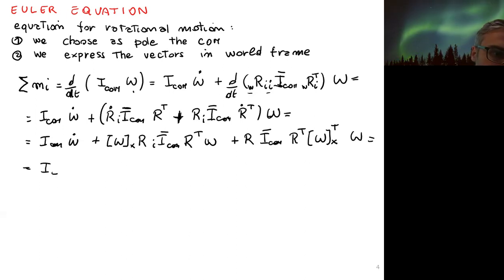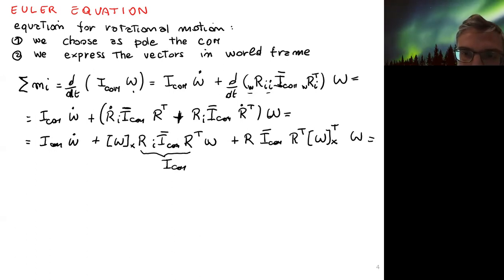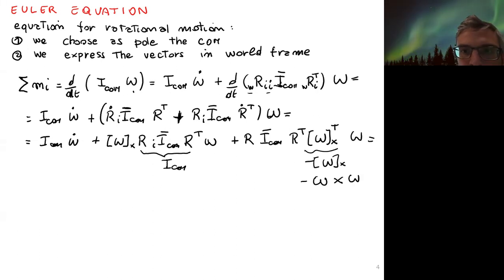And if we look at this term, we get back to the ICOM one. And this term is what? This one is minus omega cross. If we go back to the cross product, we get something like omega cross omega. These are parallel vectors because they are multiplying the same vector by itself, and the cross product is 0.